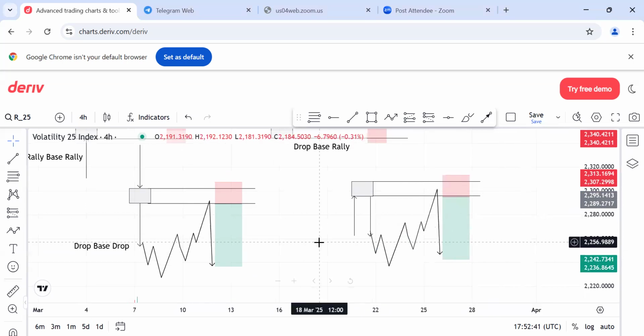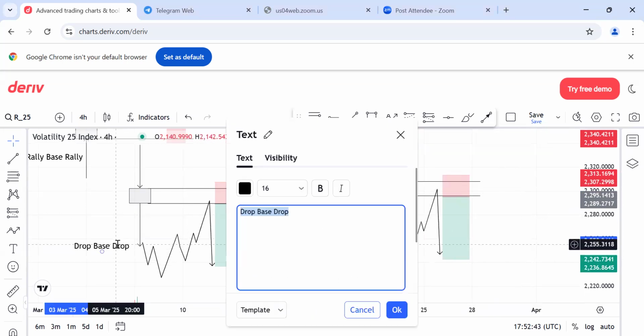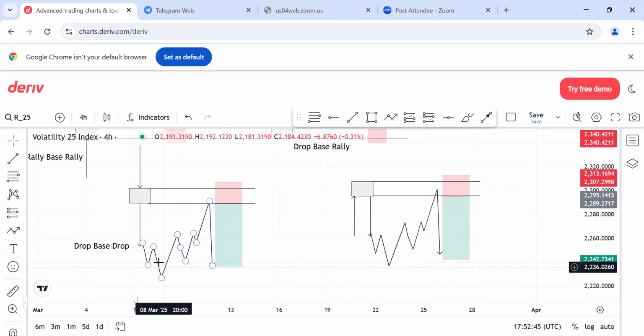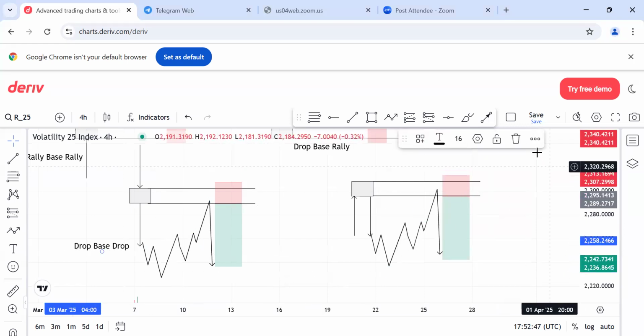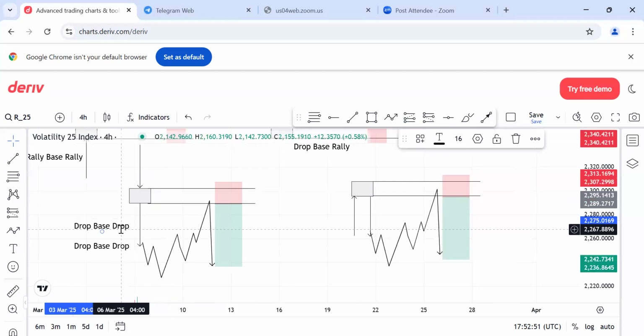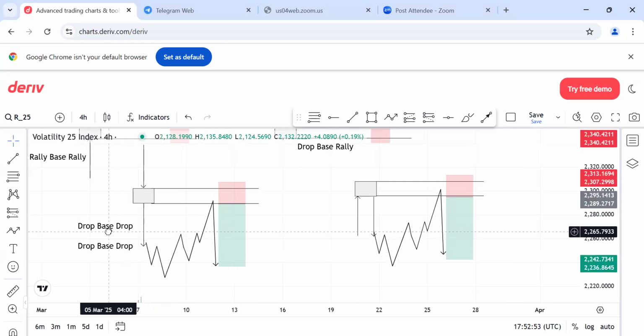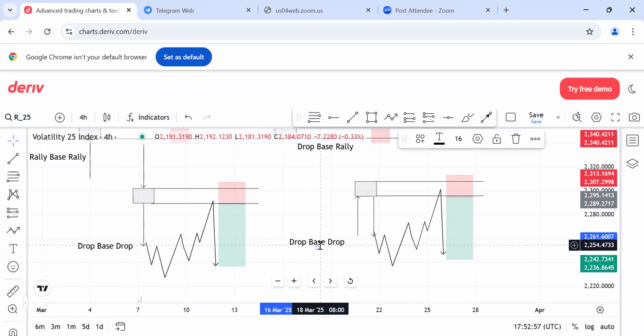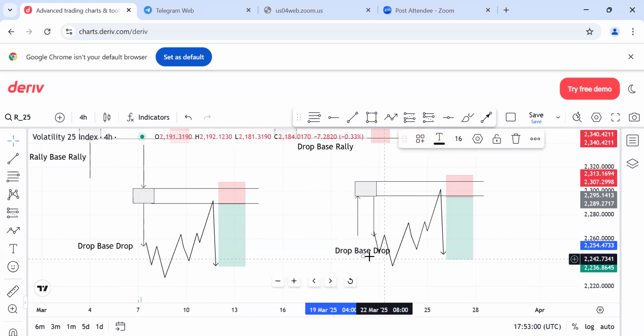Okay, sir. About lot size on this VIX, this volatility. Sometimes you open two lot size on a $50 account, and it amazes me, I'm just confused. I'm trying to understand.